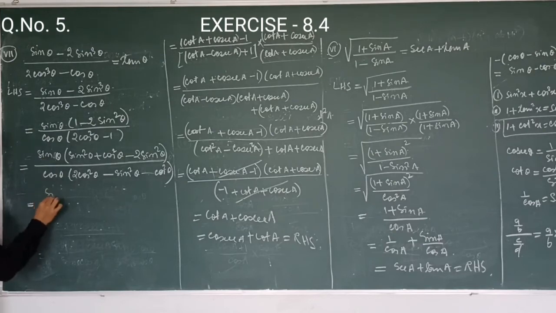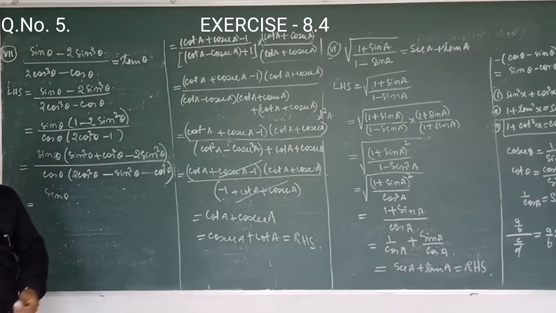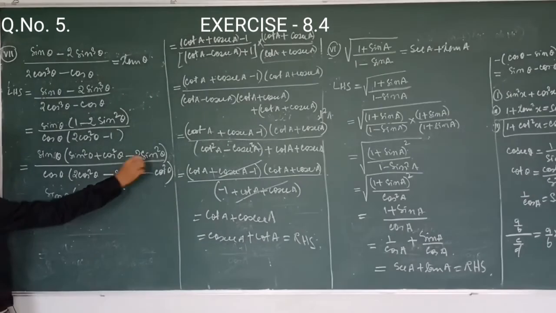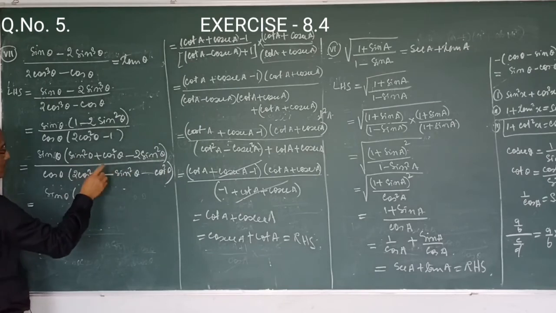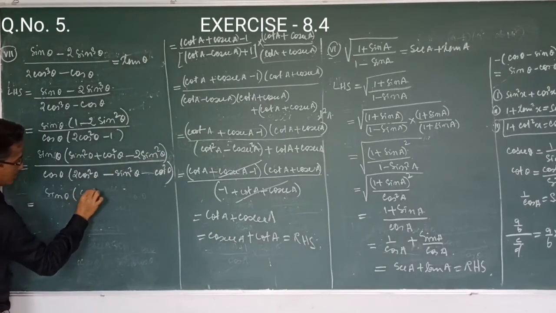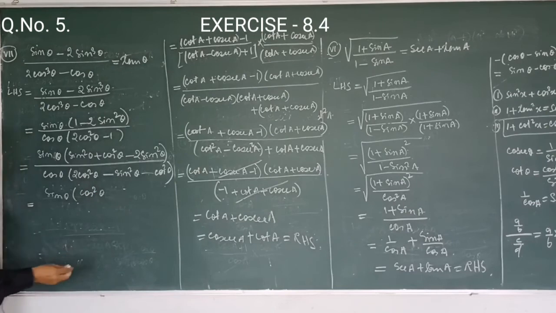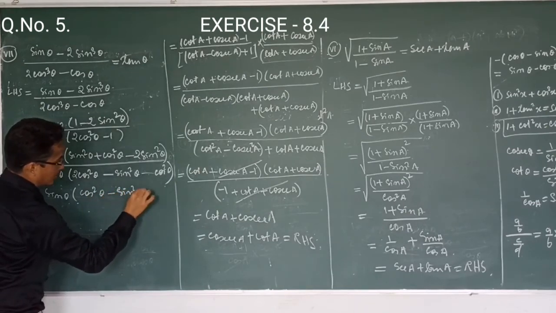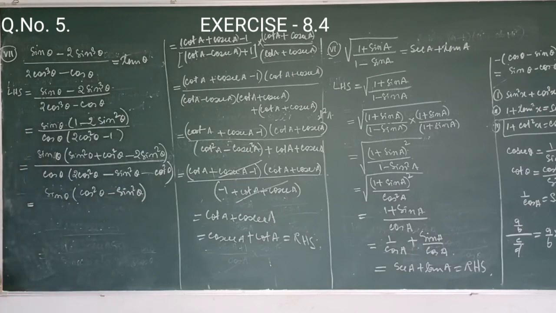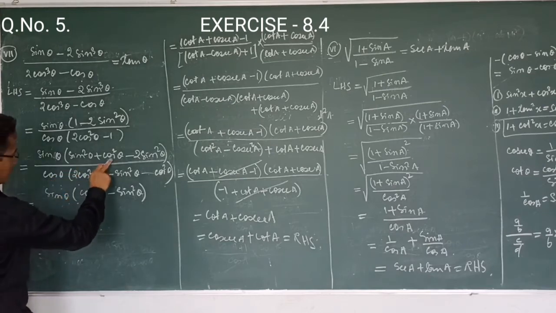So this is sin theta, and this is 2 sin square theta, this is sin square theta. That means we get cos square theta, and if you simplify this, it is minus sin square theta. Then here, cos square theta minus sin square theta.